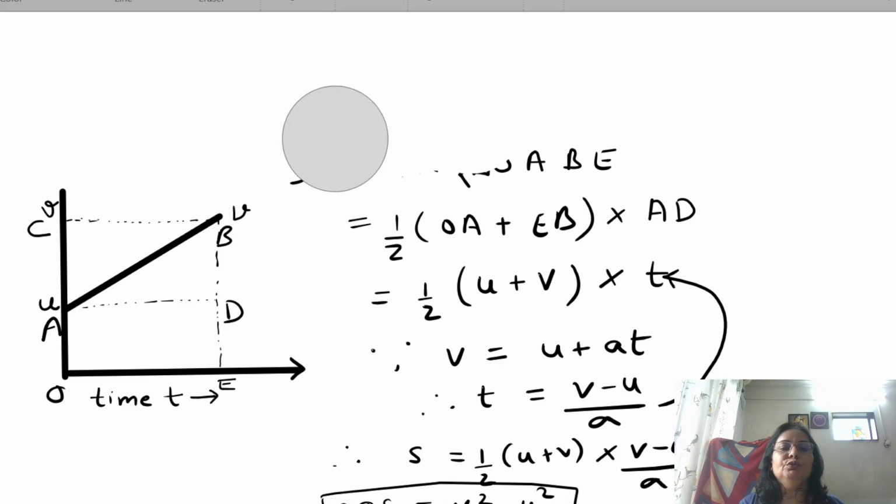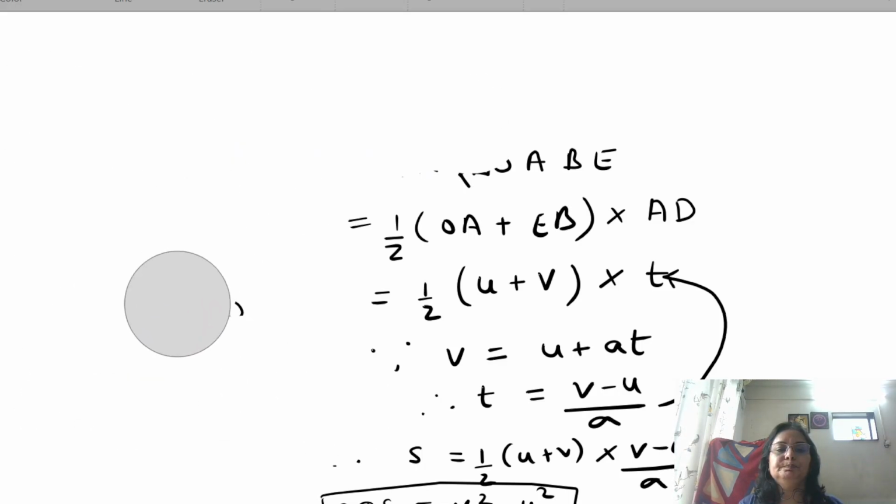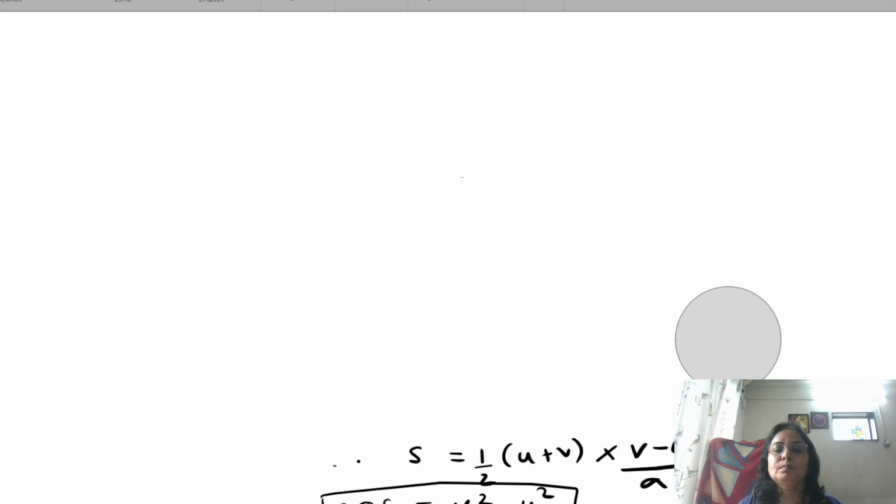Now let's move on to uniform circular motion. Suppose this is a rectangle and I move my pen from here and come back to the original position, tracking the path of the rectangle.